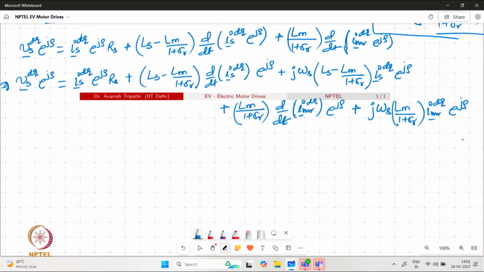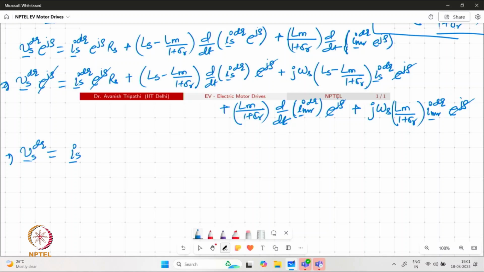Now what we can see over here is that we have this term common everywhere, so it can be cancelled on both sides of the equation, and we have the remaining terms given in the dq frame of reference.